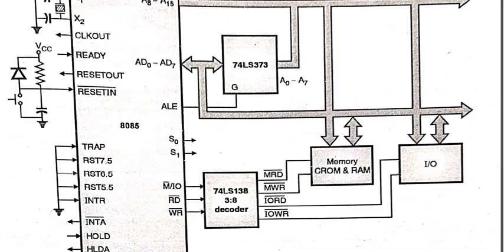So that contains the RAM and ROM as memory. Input output devices are connected with it. This decoder is used for the memory as well as input output operation. Also the data and address lines are used to take the data from this memory and input output devices.